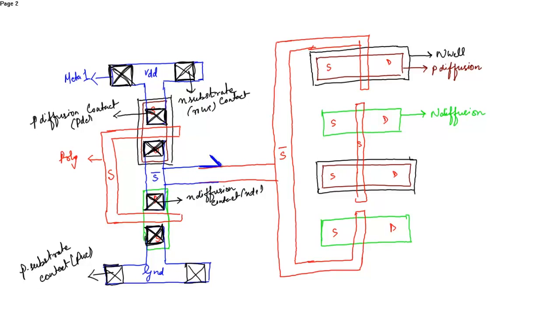So there is overlapping between the metal and the poly layer, so we have to place a poly contact over here.